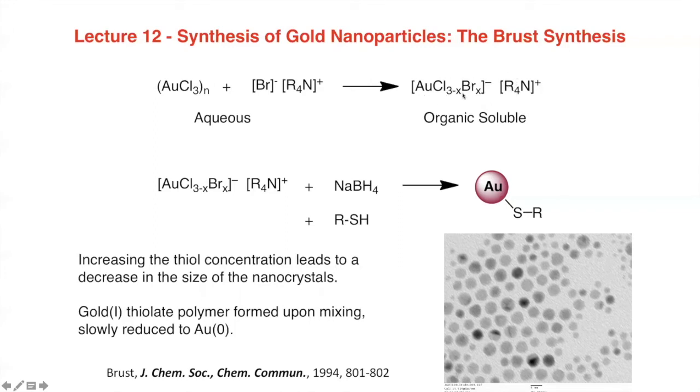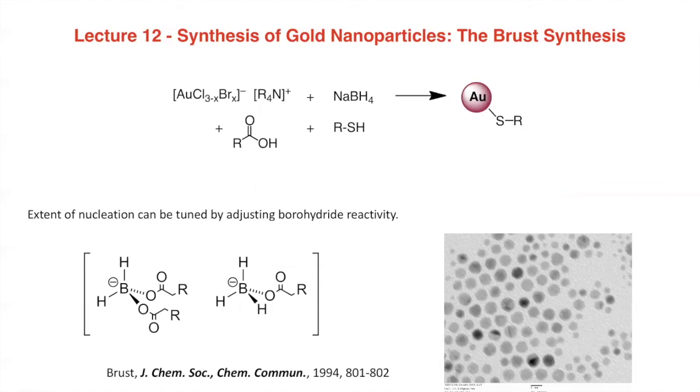This stuff is soluble in organic solution if the R groups on the ammonium are aliphatic. And so you can take this organic soluble gold salt and reduce it with sodium borohydride in the presence of a thiol and produce gold nanoparticles that way that have thiol ligands, or I should say thiolate ligands, bonded to the surface. Okay. So this is a very well-known reaction, pretty successful reaction.